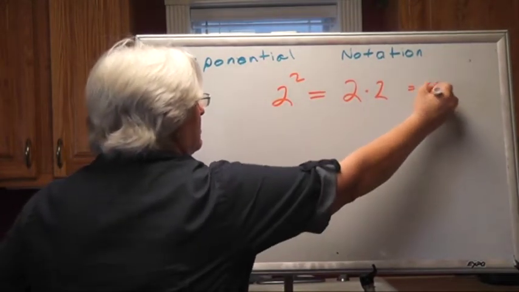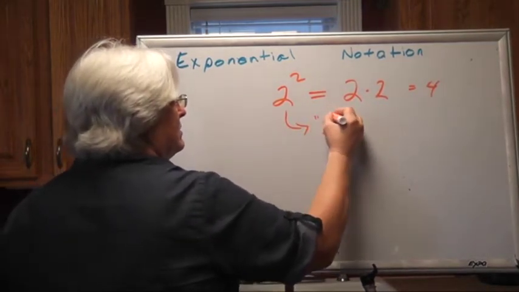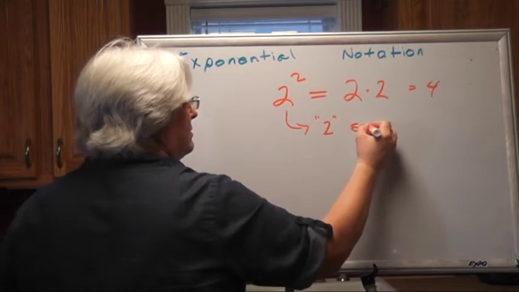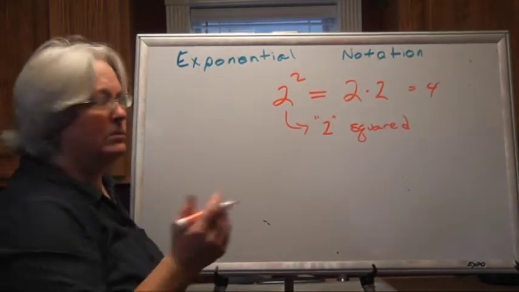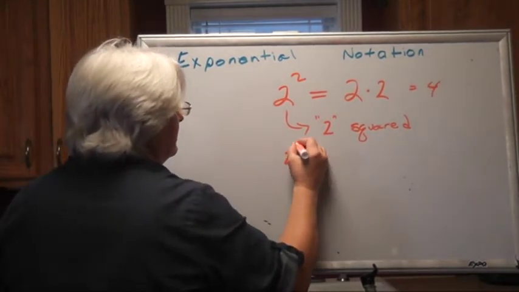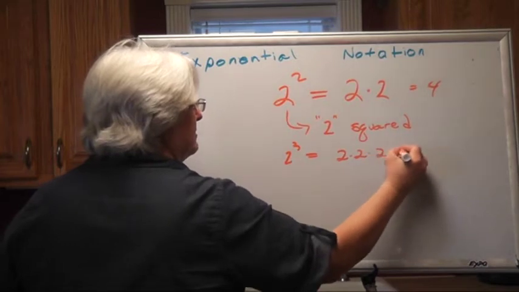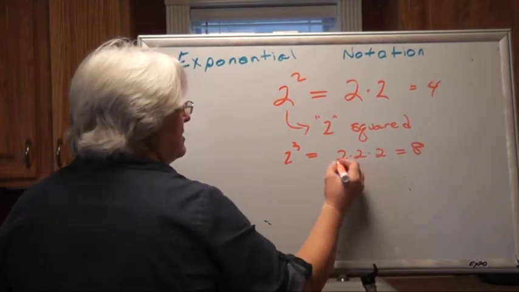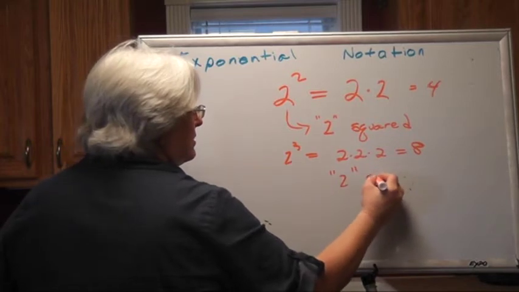That's equal to 4. And this can be read 2 squared. Now we have 2 to the third. That's 2 times 2 times 2, which is 8. And this can be read as 2 cubed.